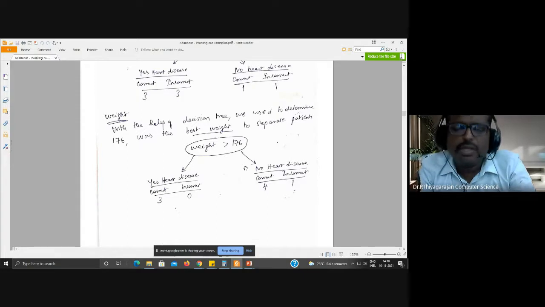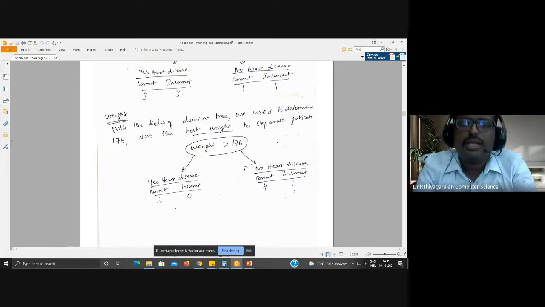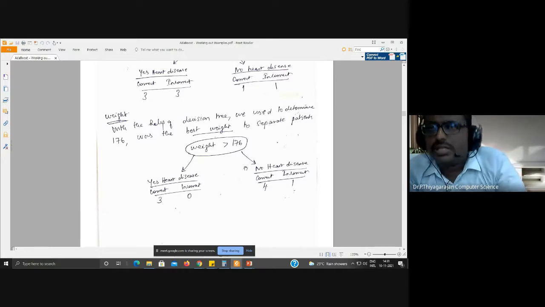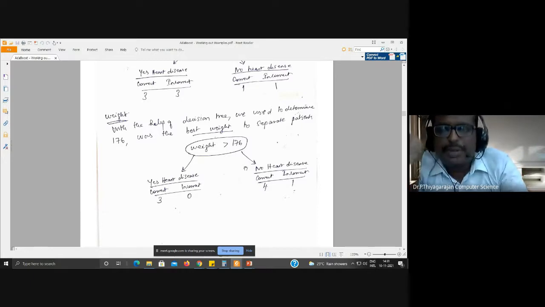The way we deal with a numerical variable is the same as with a categorical variable. I have just put a threshold here at 176, where the weight is greater than 176. There are 2 classifications. How we get 176 is with the help of the decision tree. With the help of the decision tree, we determine 176 as the best way to separate the patients. So this is the point where we can separate the weight. 176 is the threshold where we can bifurcate a tree, whether they will have heart disease or not.